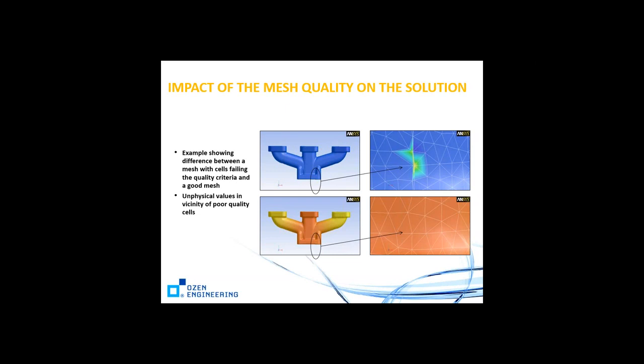I don't know if you can see, but there are very sliver-type elements, and those elements are what's causing the bad mesh, the bad result. But if you remesh it with a nice set of elements, then you're going to get a nice smooth stress or displacement solution.